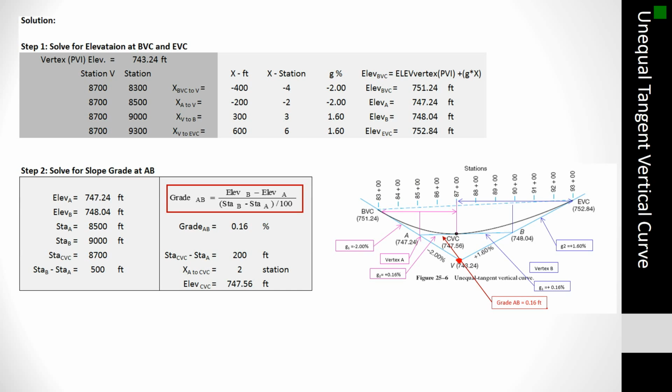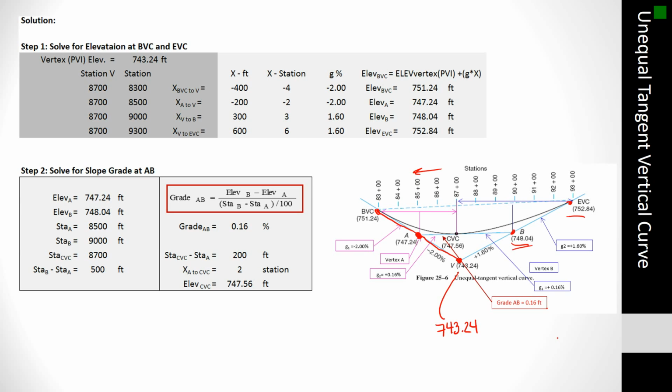If I know this point right here, and its value is 743.24, I want to know the grade change up to the vertex A and the vertex B. What I know is it has to be a greater number than 743.24, right? Because I'm going uphill in this direction. Same with this. Grade at B and the EVC, the end of vertical curve, has to be greater.